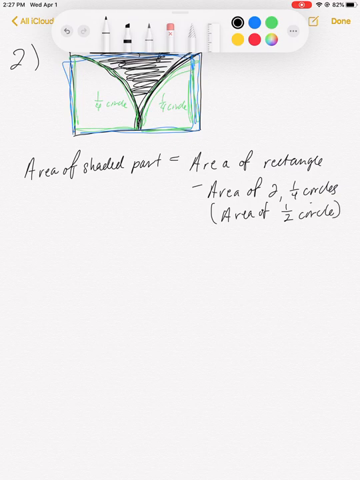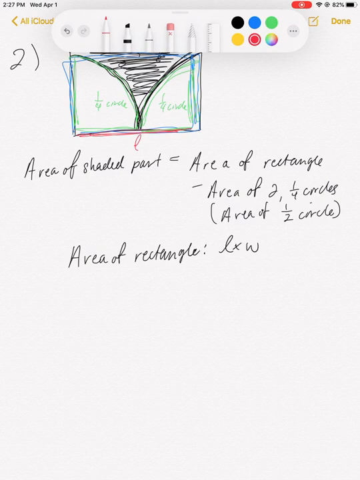Now, we're going to find the area of the rectangle first. So let's do that. Let's write this down. The area of the rectangle is equal to length times width. Now the length and width we don't have. This is the width right here, or the length, whatever you want to call it, and we're going to pretend that's the width.